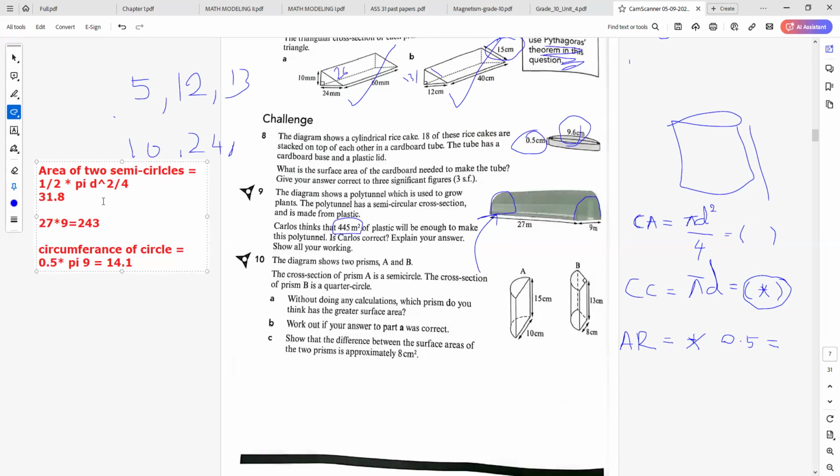Now I have to add all these three values.